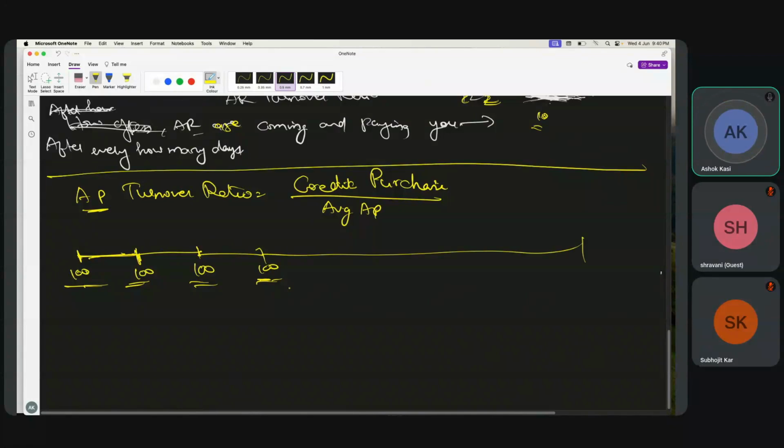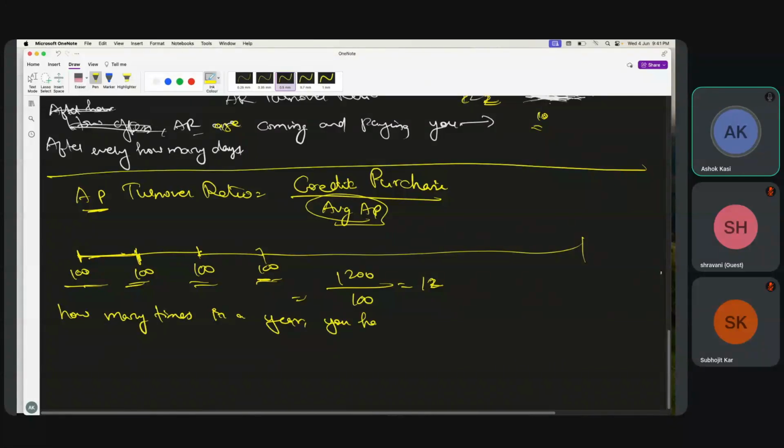So imagine the overall total credit purchase you have made is 1200, and the average accounts payable is 100. That means 12 times in a year you have paid.